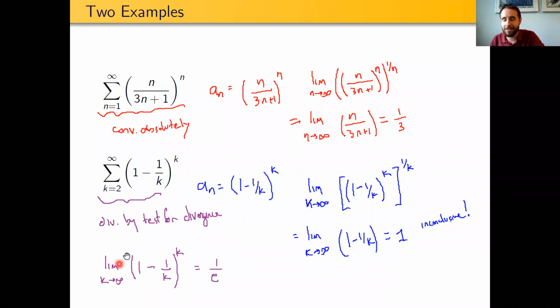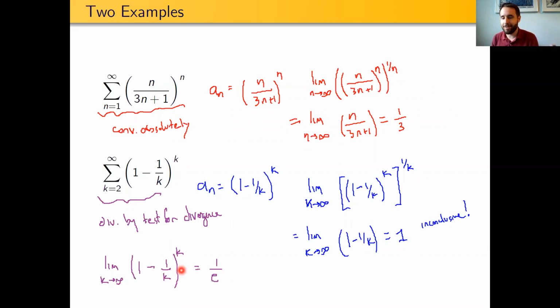This limit is an indeterminate form of the form 1 raised to the infinity power. As k goes to infinity, this gets closer and closer to 1, and this gets closer and closer to infinity. So this was a L'Hopital sort of indeterminate form style problem. We developed a whole framework for evaluating those.